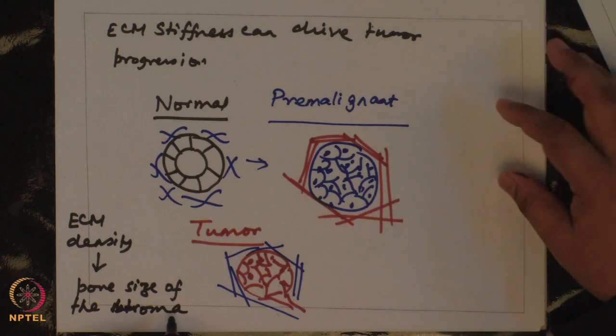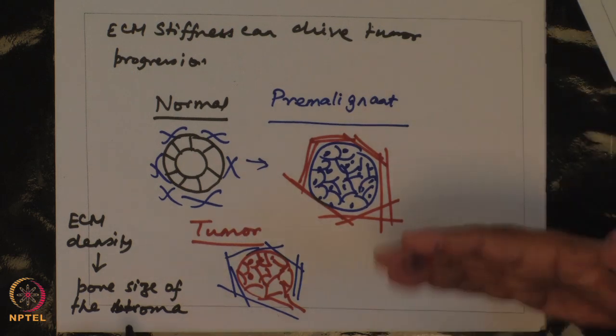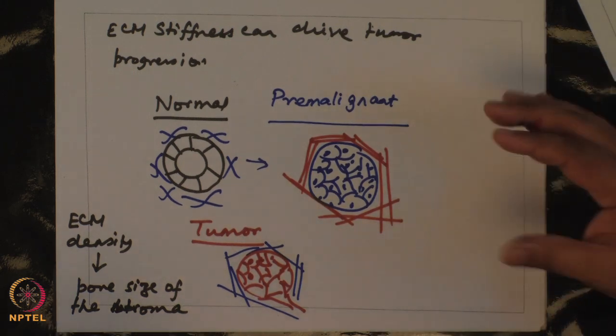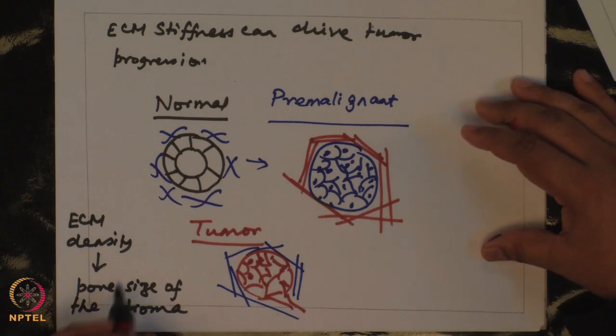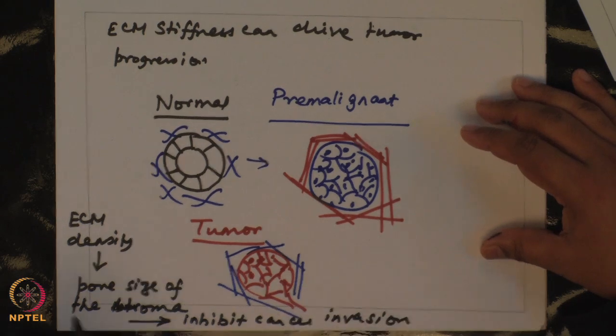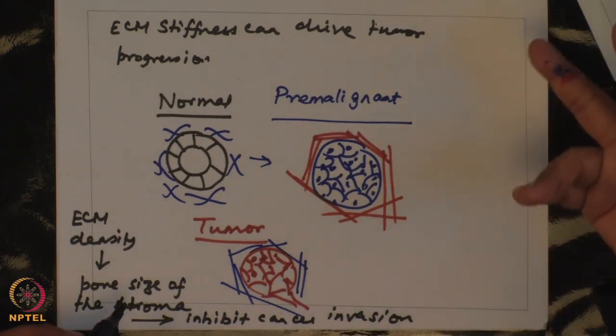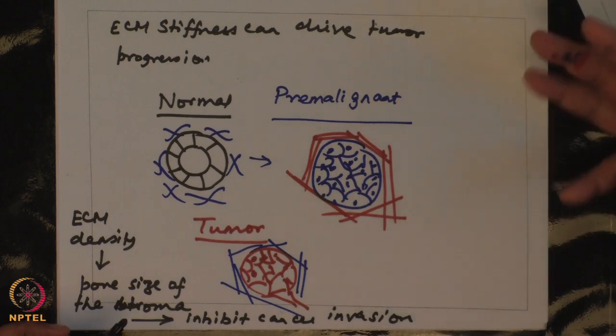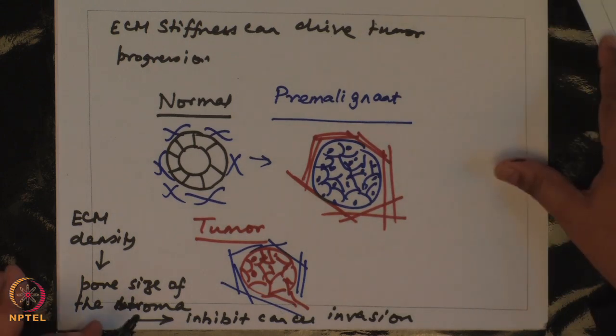So, if you have increased density, then this should actually prevent cells from invading, right? Your pore size has decreased, so it should inhibit cancer invasion. But what you observe is that the cells become more and more invasive. How is it possible?